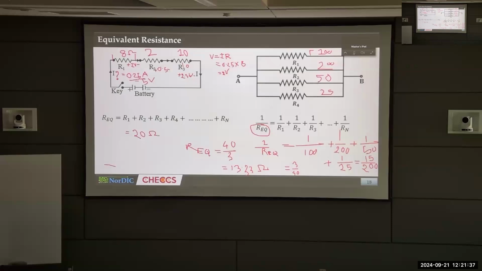The youngest, the 2 ohms, was easy to please, so he took half a volt. So my total is 5 volts. I cannot exceed the 5 volts. So I'm going to split them, but not equally, depending on their resistance. It will distribute the voltage.